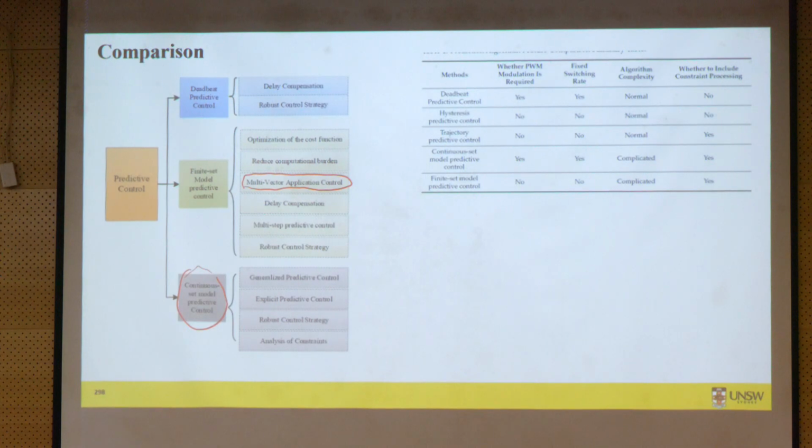They also have a good comparison of methods which require PWM and which do not. Some of the other controls may not, because remember you are selecting your reference space vector, so you may not be able to fix your switching frequency.